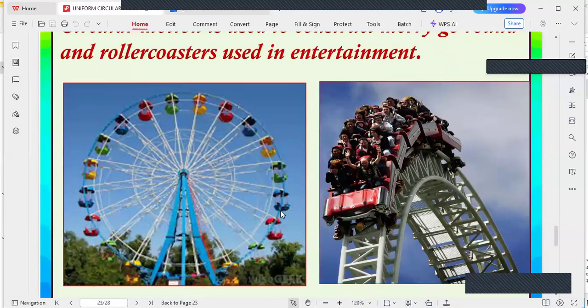Seat belts, as you can see here, these people are very well buckled because of the centripetal force. If not, then you fly away from that roller coaster, because there's a force that is required for you to maintain the circular path. The same happens to this vertical one. Precaution should be there.